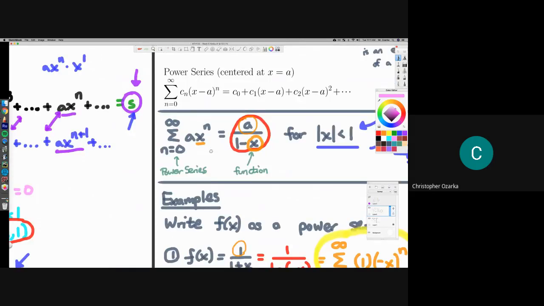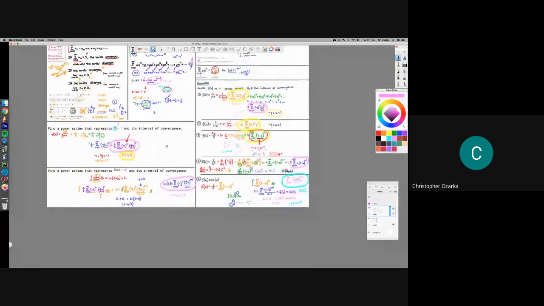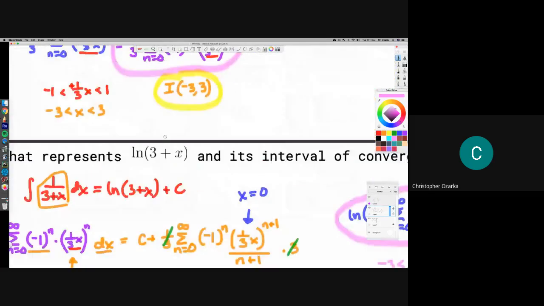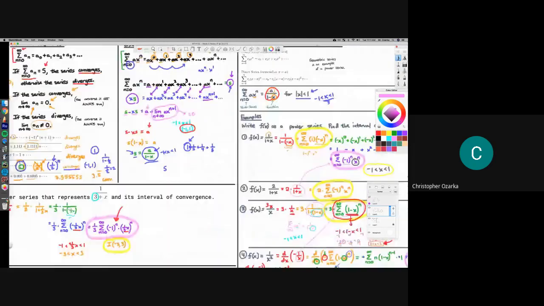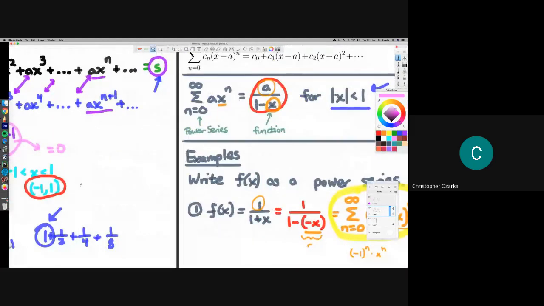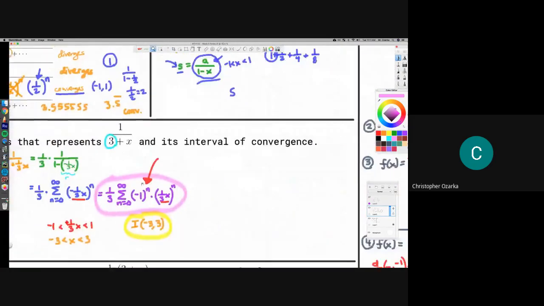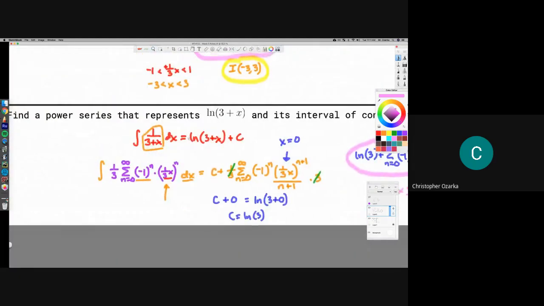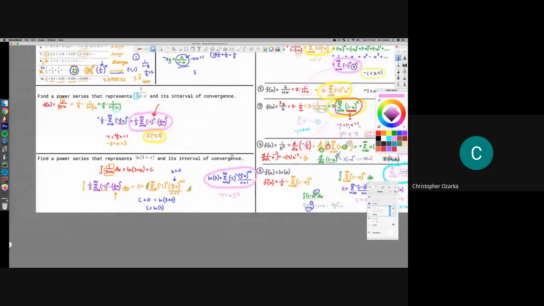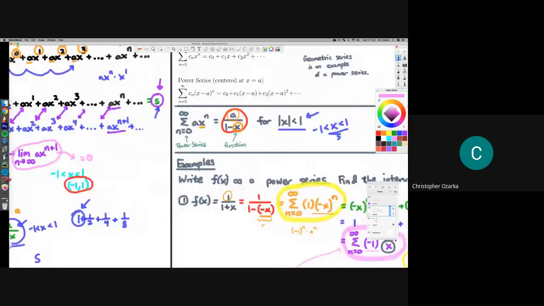We're simply using the derivative and antiderivative to make this look like that geometric series, a over 1 minus x. And ln luckily does that with its derivative being 1 over something. So that's the only reason we use integration or differentiation: to make it look like this.